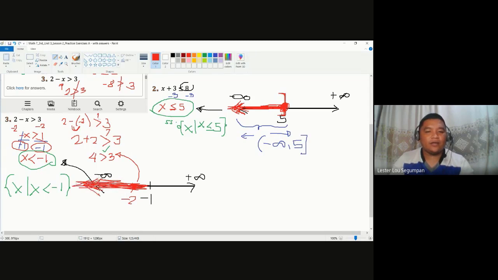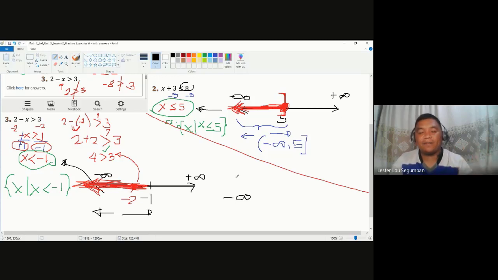Arrowhead still. After shading this, let's determine if negative 1 is included or not. Since there is no equality here, negative 1 is an open circle, and this should be parenthesis.